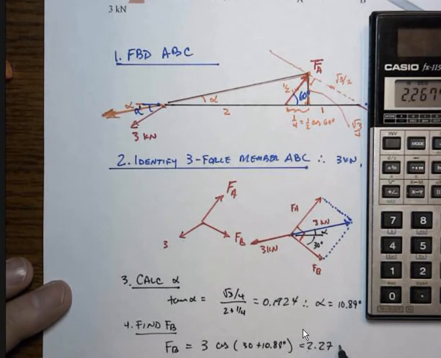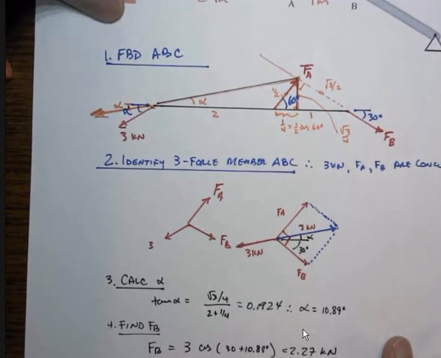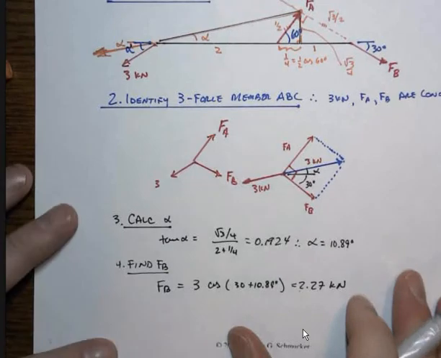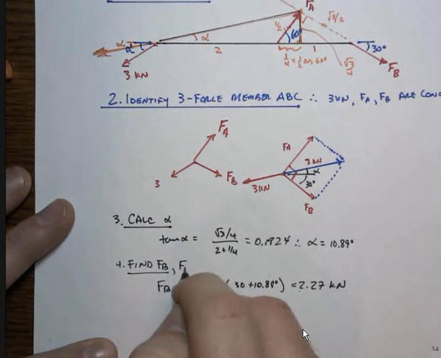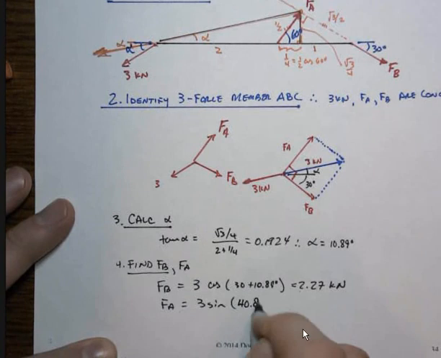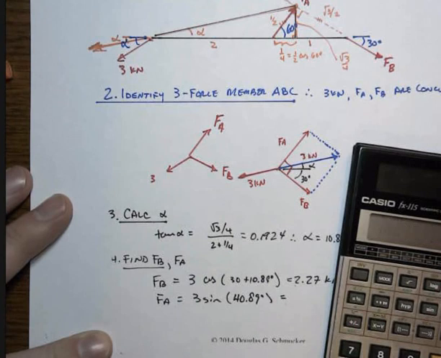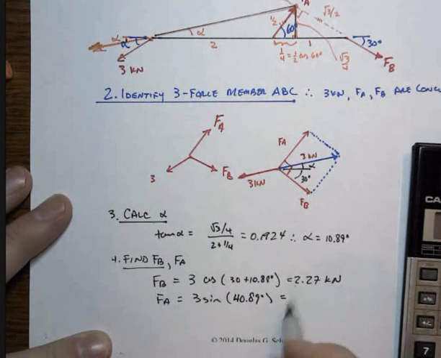What are our units here? Kilonewtons for that force. And similarly, we can find that FA is going to be 3 times sine of 40.89 degrees, and we get a result of 1.96-ish kilonewtons.